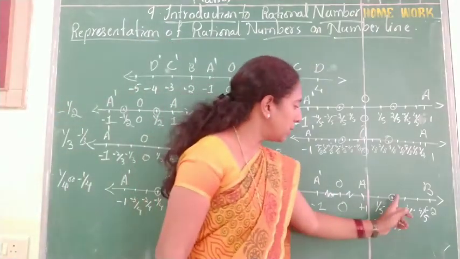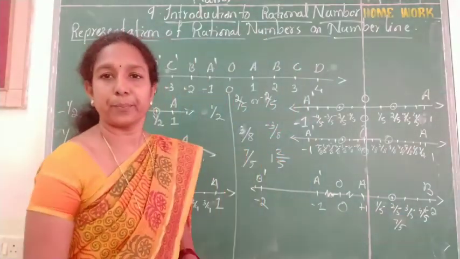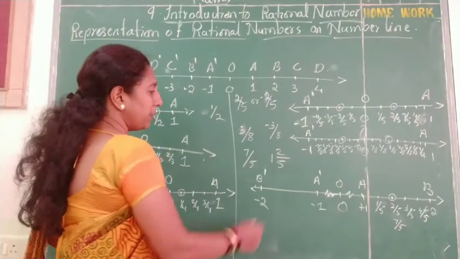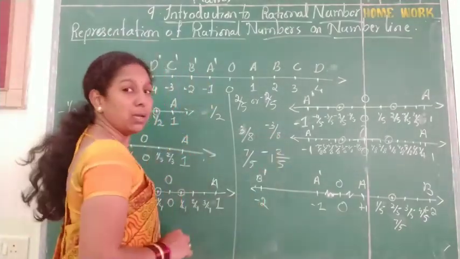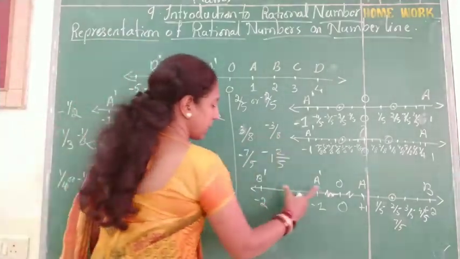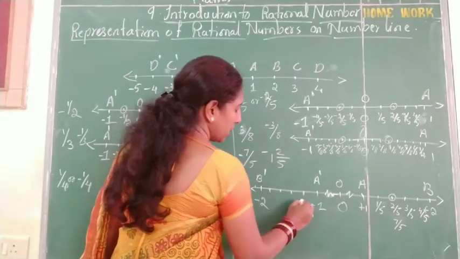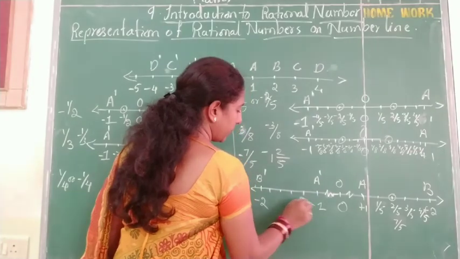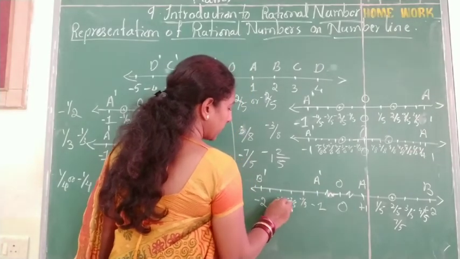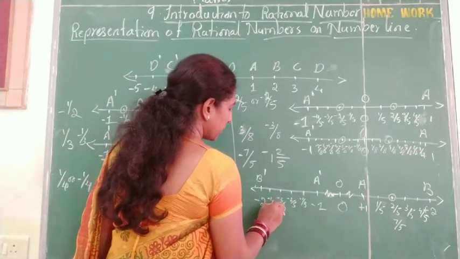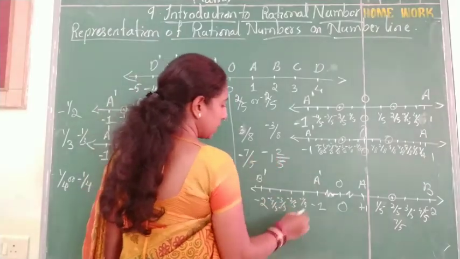Because this is 1 and 7 by 5. Okay. So here if I represent minus 7 by 5 means same procedure. 1, 2, 3, 4. So this is minus 1 by 5, minus 2 by 5, minus 3 by 5, minus 4 by 5. And here minus 2 by 5.